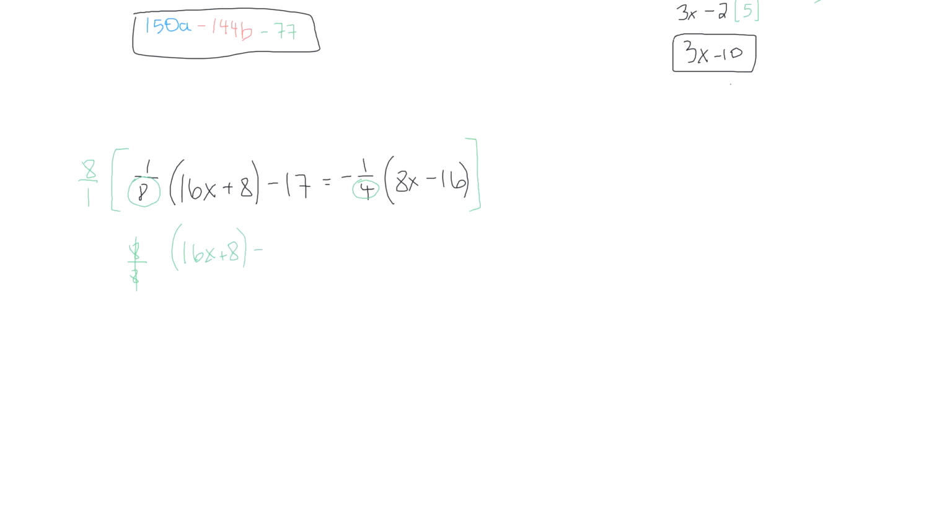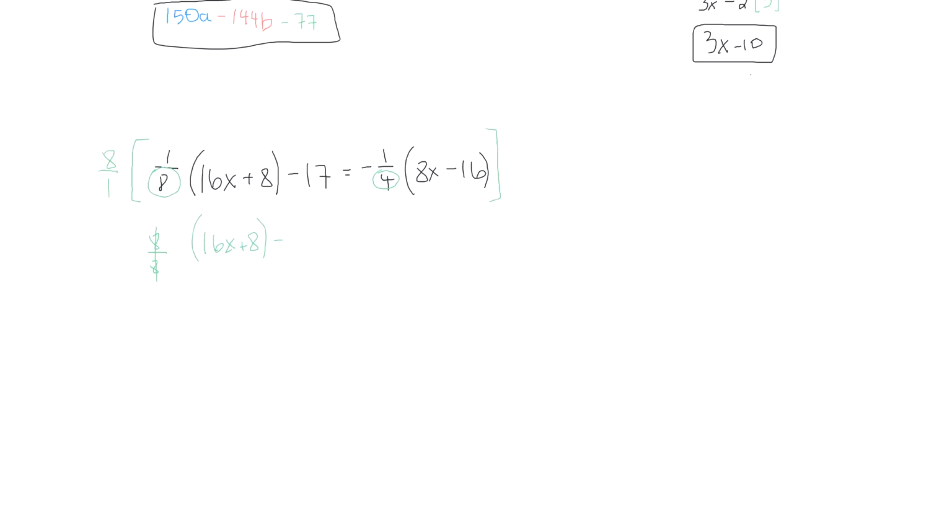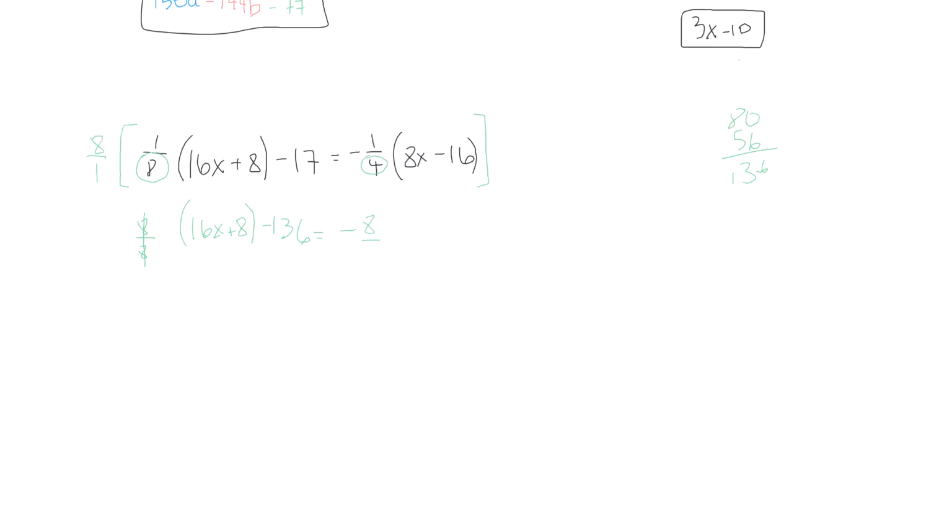So 8 times 17, 136, minus 136 equals 8 times 1 is 8. 1 times 4 is 4. Keeps this.